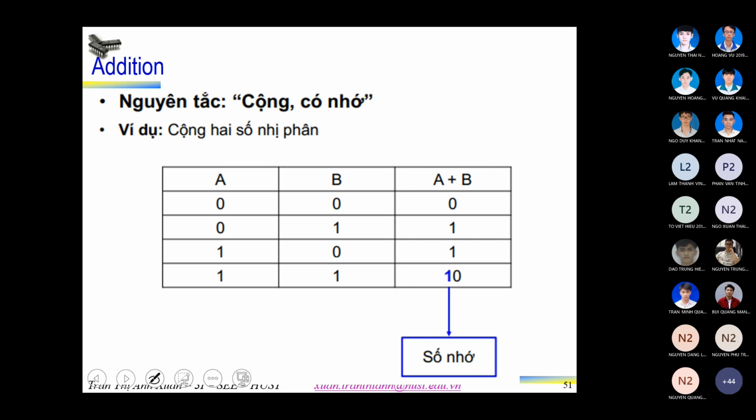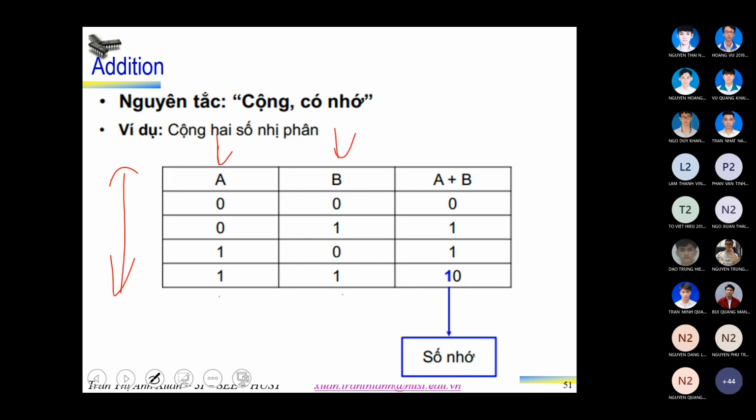This table shows the addition of two binary numbers of 1 bit length. That means A and B are binary numbers with 1 bit. So we have all four rows here. The first is 0, 0. The second is 0, 1. The third is 1, 0, and finally here is 1, 1.